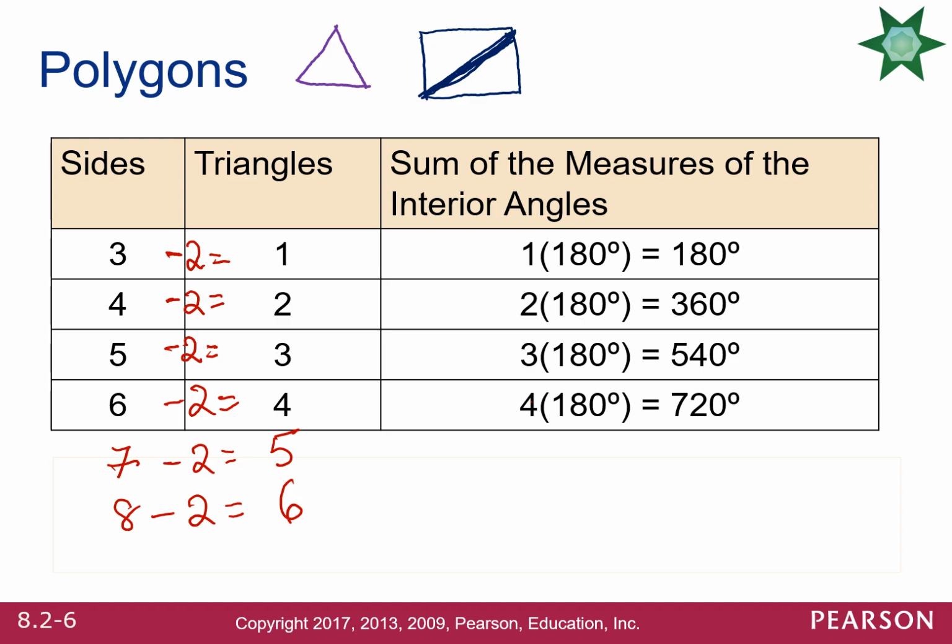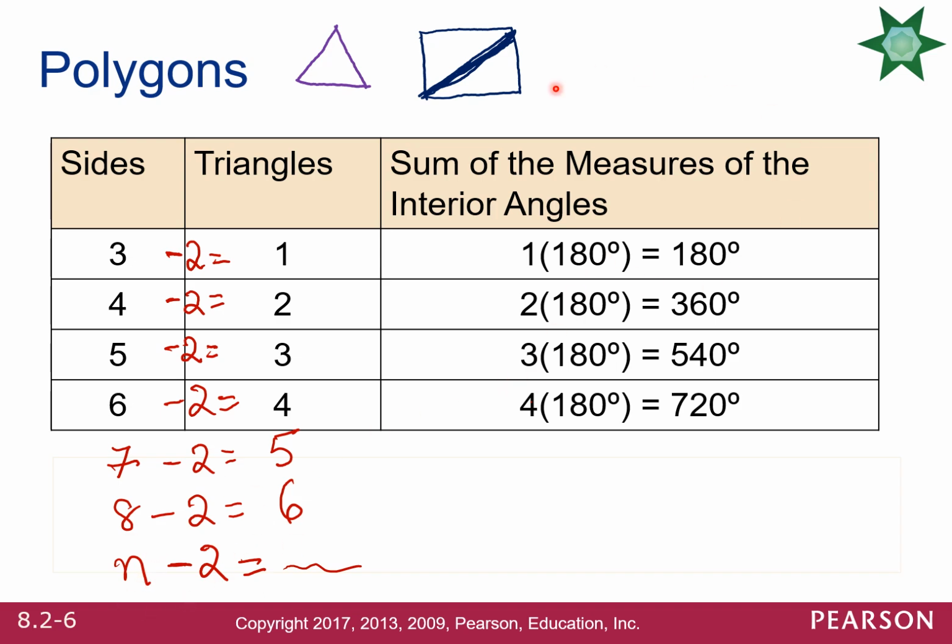So the pattern is, whatever the number of sides is, the number of triangles that can be obtained from those polygons by dissecting them is 2 less than the number of sides. All right. So if a polygon has n sides, then the number of triangles you can expect would be n minus 2. Whatever n is, just substitute the number of sides into n and it'll tell you how many triangles you can get out of those, right?